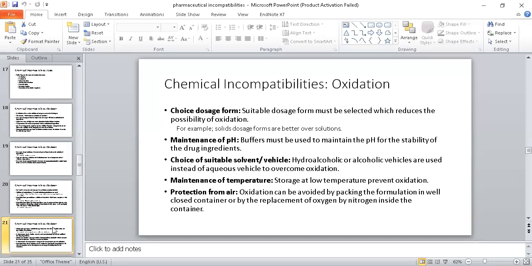So these are some factors about oxidation prevention. Then protection from air also. Oxidation can be avoided by packaging the formulation in a well-closed container or by the replacement of oxygen by nitrogen inside the container.